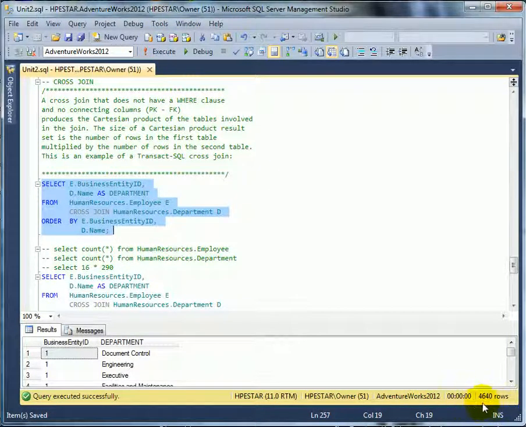So for example, we got 4640 rows from this quite simple looking query, which is actually 16 departments times 290 employees, and that's equal to 4640.